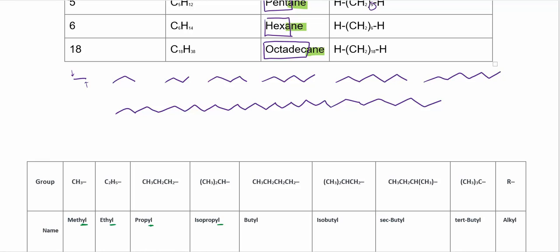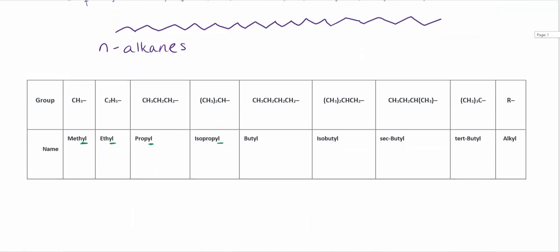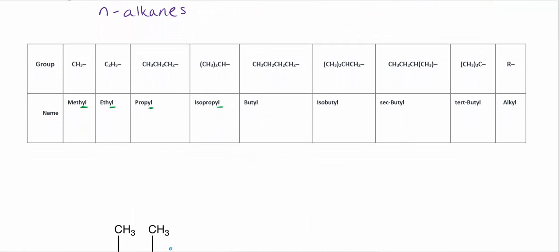We have these straight chains. So whenever you have a straight chain alkane, these are called n-alkanes. When you take off one hydrogen from an n-alkane, what you form is called an alkyl group. Similar to the alkanes, we have a pattern.